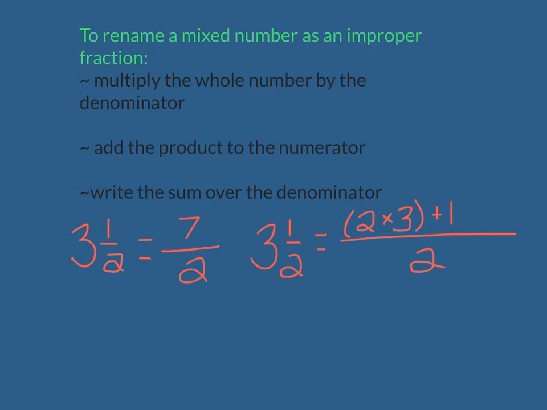Another way is if you have it written big enough or spaced out enough, like that, 3 1/2, you can do this and draw this arrow like that. So you're going to multiply down here, multiply your denominator times the whole number, plus the numerator. So you're going like this. Those are two ways to write it out to remember how to do it.